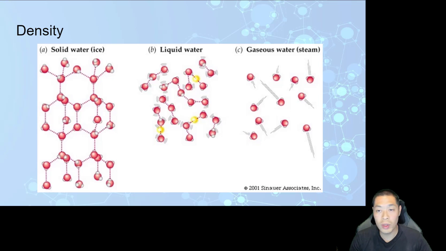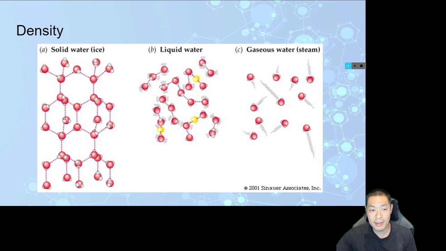So that's another cool thing about water, is that this solid is going to be less dense than liquid, and liquid's going to be more dense than gas. So it's actually a really cool thing where ice is going to float, which also helps with insulation. So all these are properties of water that make it very, very sustainable and helping life along.